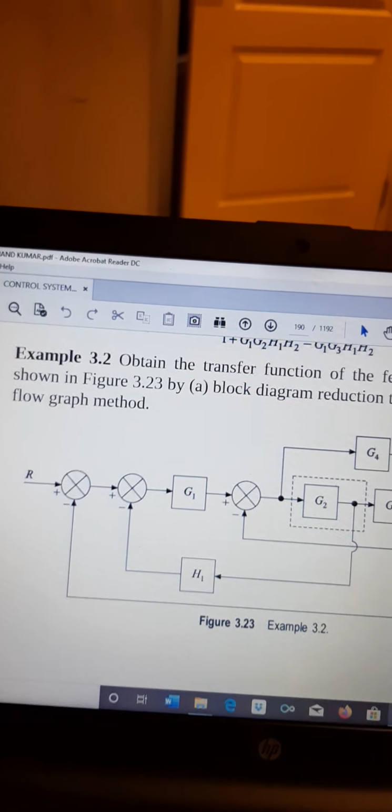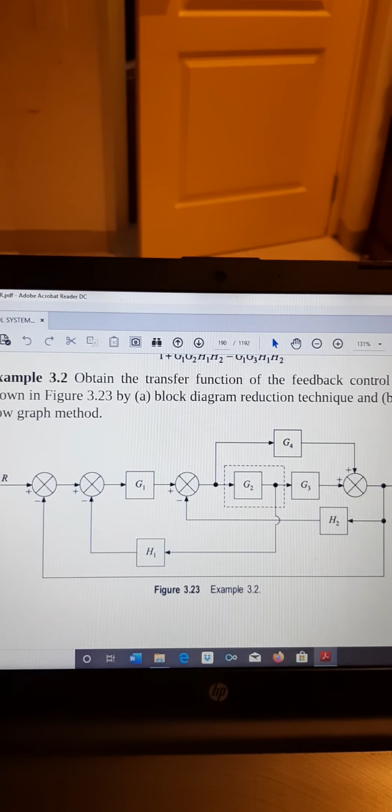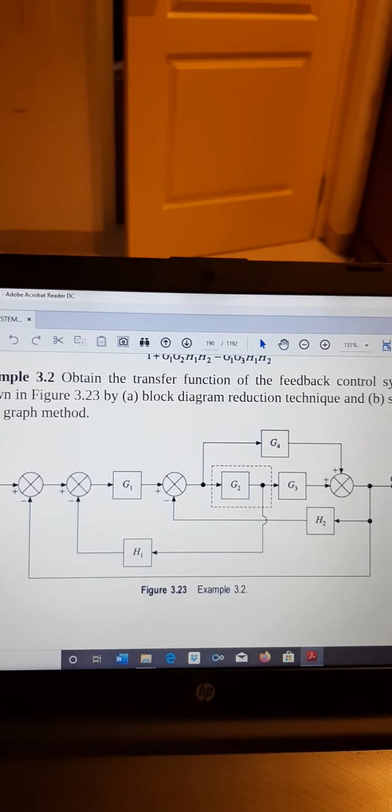Here, when you are observing the block diagram, you can see that there is a feedback divergence from this point.